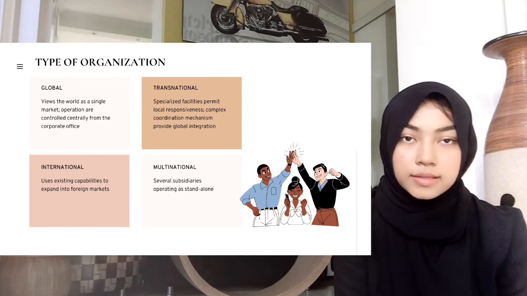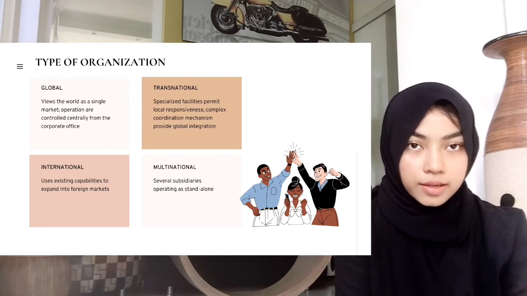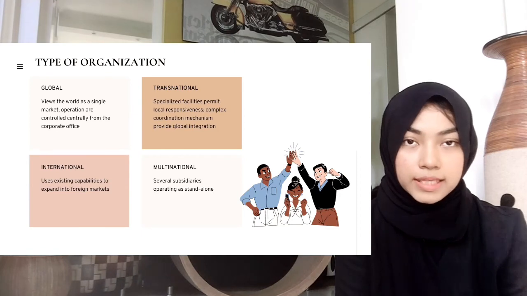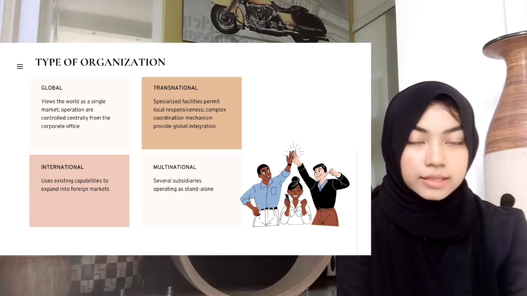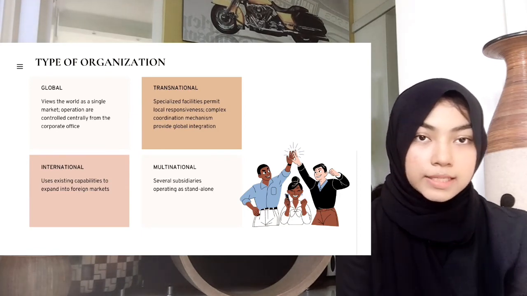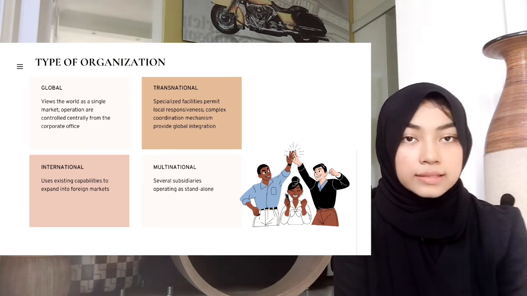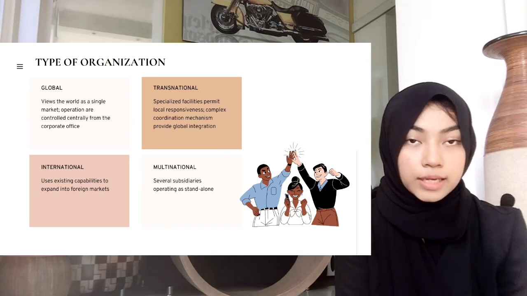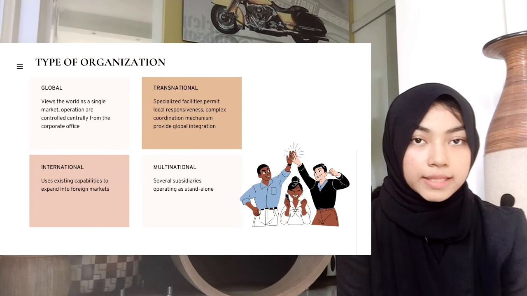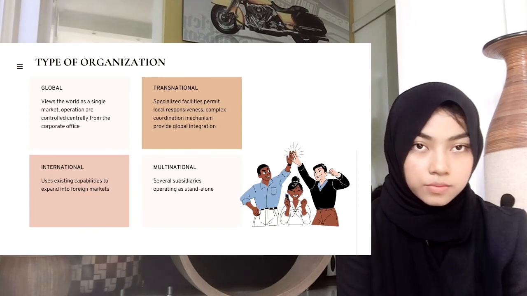Third is transnational. Transnational has specialized facilities that permit local responsiveness and complex coordination mechanisms to provide global integration. And the last type of organization is multinational. Multinational has several subsidiaries operating as standalone.